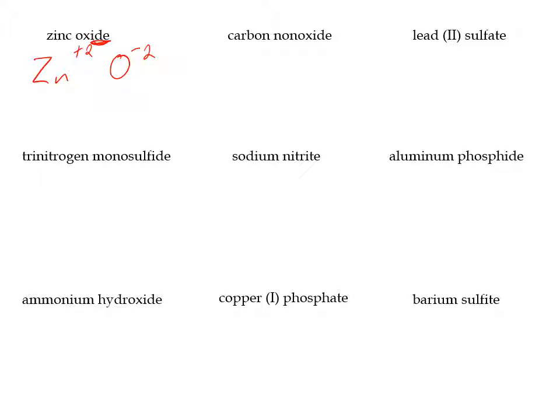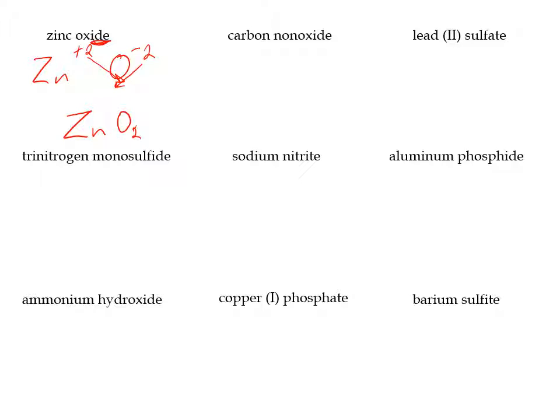So we're going to crisscross. We'll have Zn and O, and we just want to see what the numbers are next to them. So the 2 from zinc, we're going to crisscross down, put next to the oxygen, and the 2 from oxygen, we're going to crisscross down and put next to zinc. If you notice anything about these 2 numbers, we see that the 2 and 2, the subscripts in each element, can cancel out.